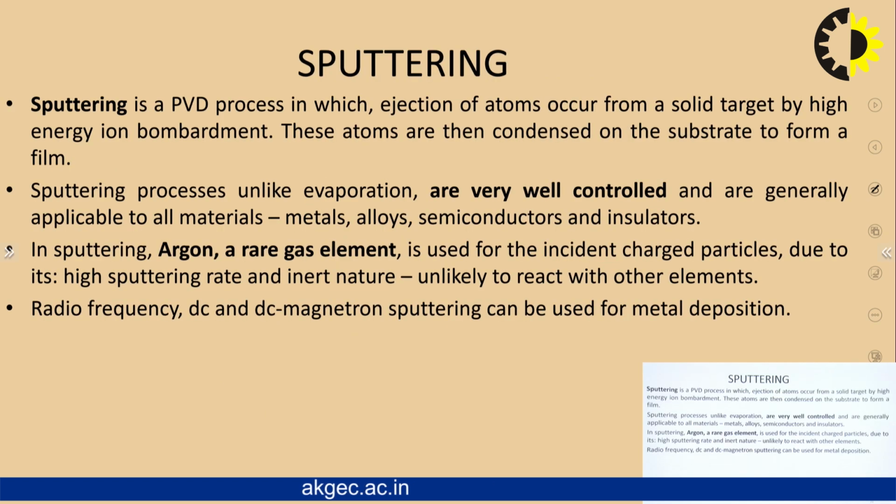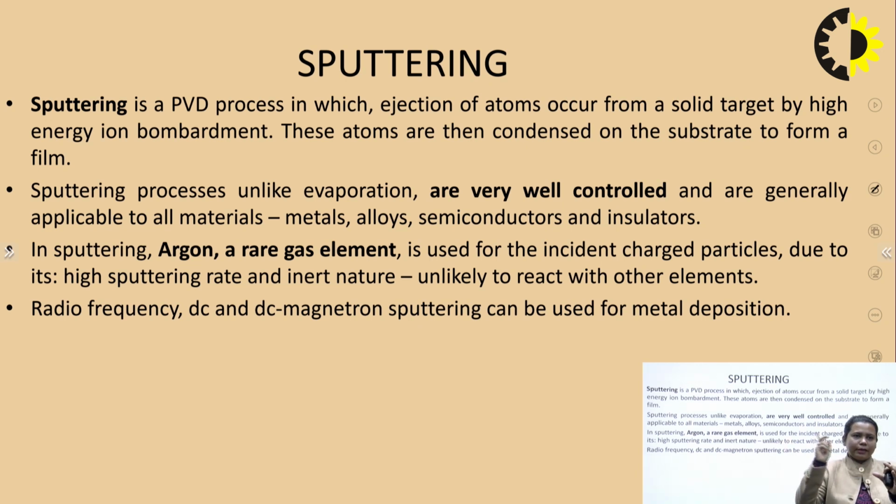Now another one is sputtering. Sputtering is a method in which we target a source with energetic atoms. When we target it, the actual atoms of the source come out and settle over the substrate.